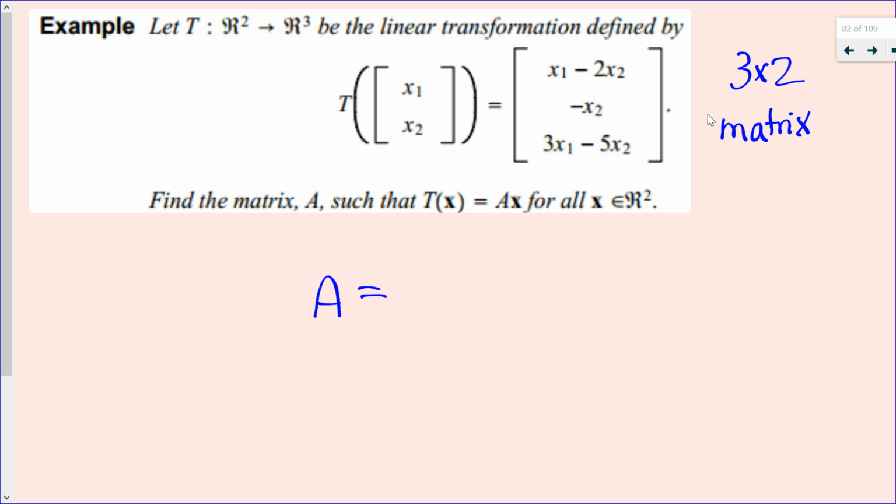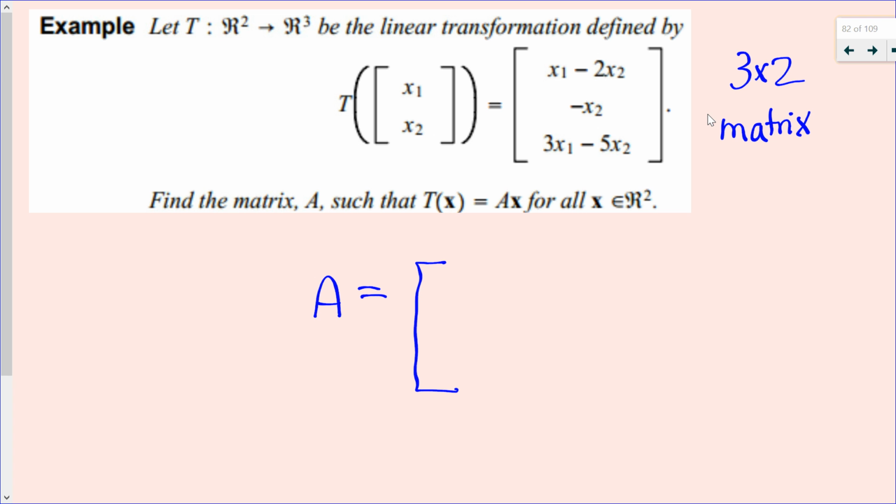So to find matrix A, I have to consider what is being done to my pre-image to my image. So you can see what happens from x1, x2 to then our vector in R3. And you can kind of identify the columns.